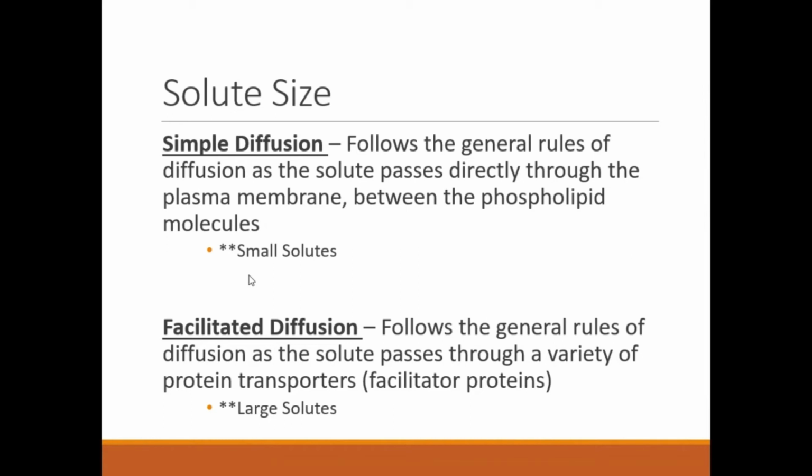Facilitated diffusion, as the name implies, to facilitate means to help. They utilize protein channels to help solutes that otherwise couldn't get across by simple diffusion make their way through that membrane. Now, based on size alone, this is going to open up larger openings for those larger solutes.